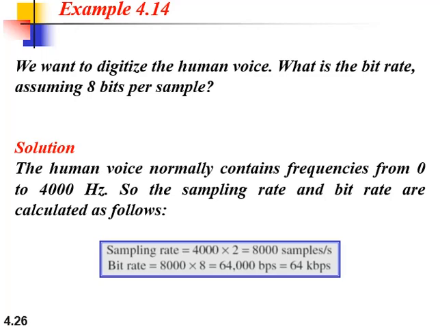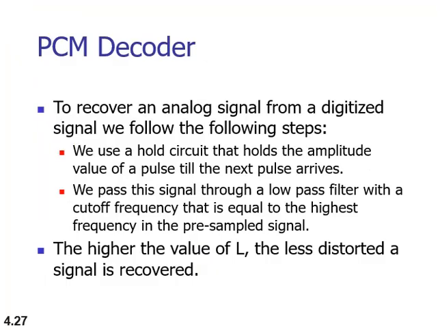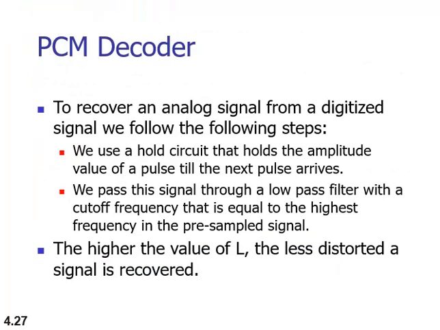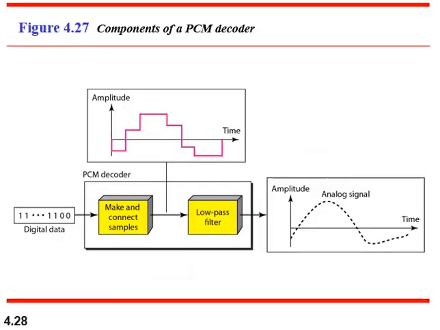So talking more about decoding, the PCM decoder at the receiver side will contain a few components like the PCM decoder, of course, and the input will of course be the digital data, and finally the conversion takes place from digital data via the PCM decoder, resulting into an analog signal.